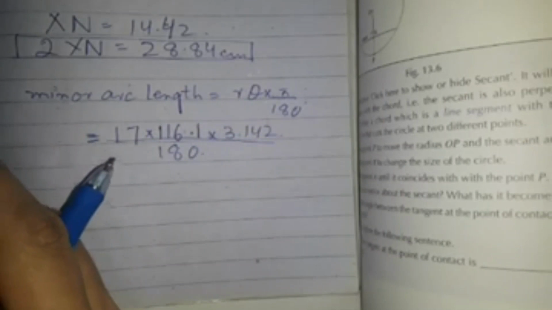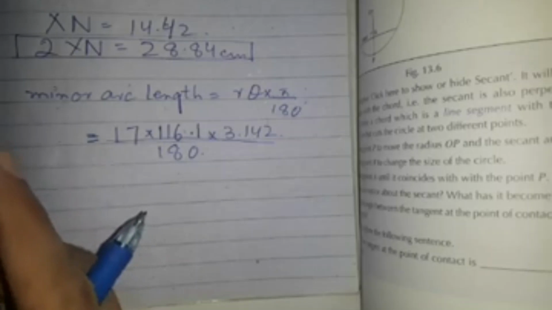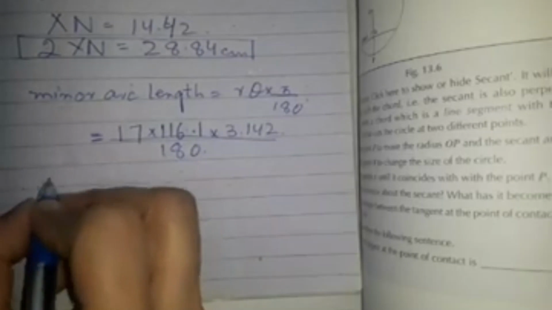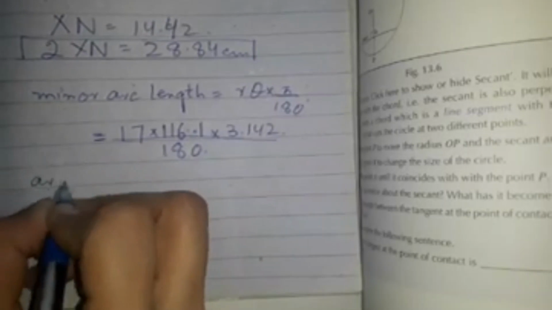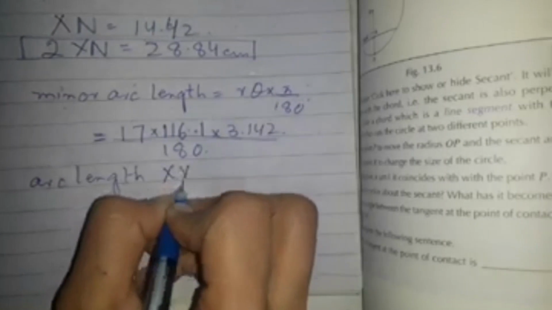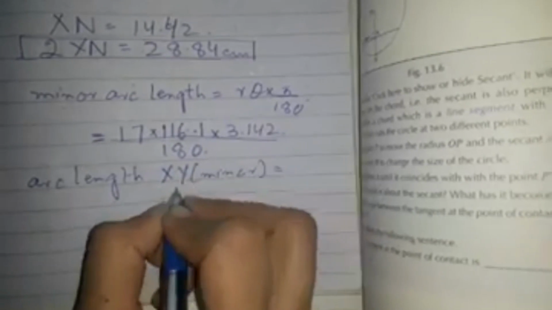So use the calculator, 17 multiplied by 116.1 multiplied by 3.142 divided by 180, and we get the answer.